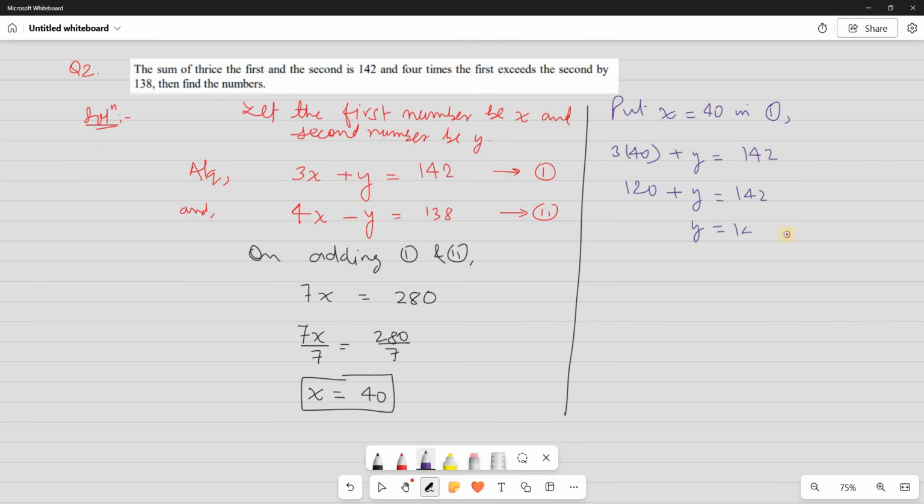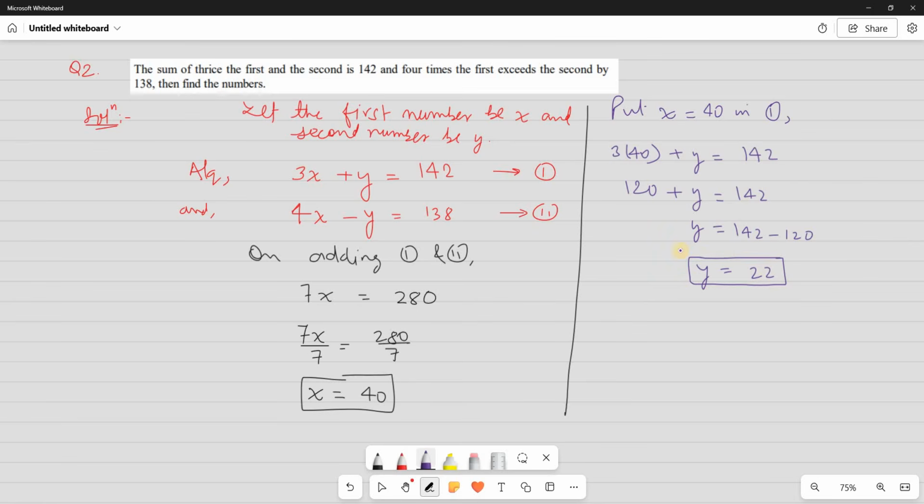That means y equals 142 minus 120, which is 22. Therefore the two numbers are 40 and 22.